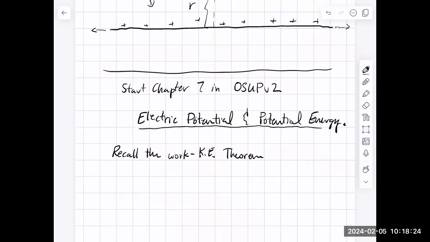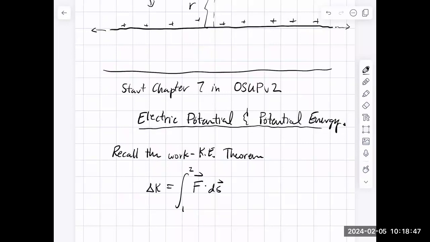Okay. So the most general statement of the work kinetic energy theorem is that the change in kinetic energy is equal to the work, and the work can be expressed as the integral of F dot ds.